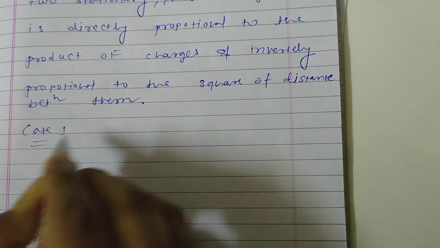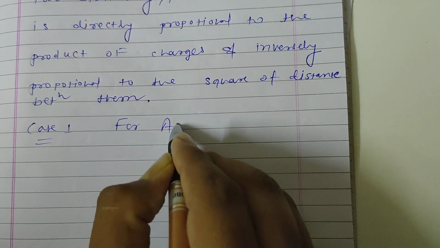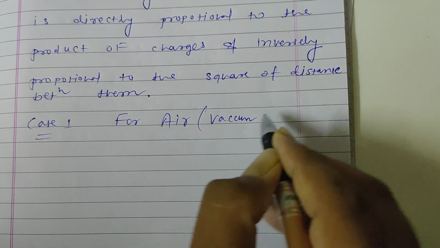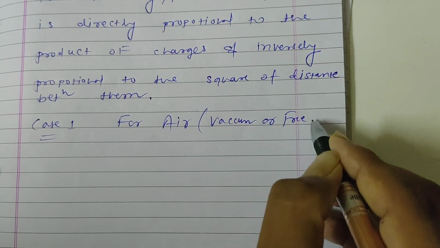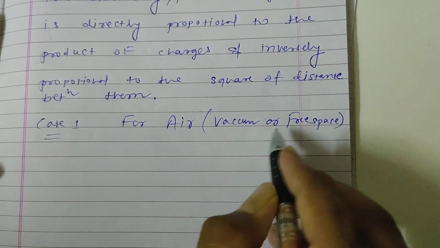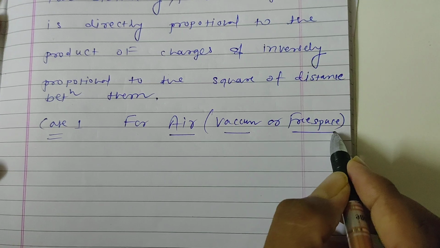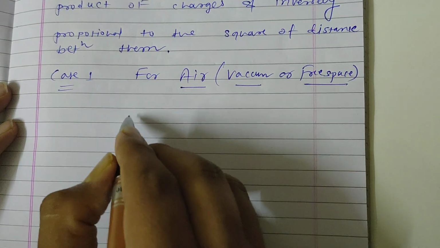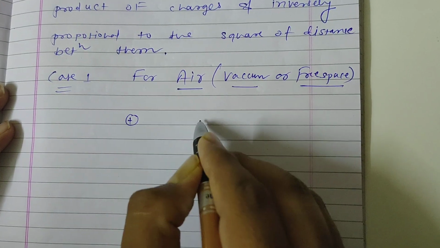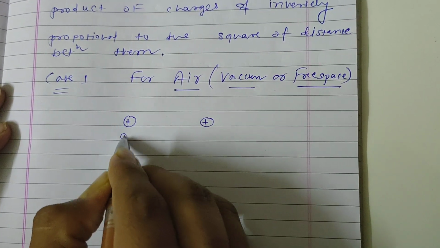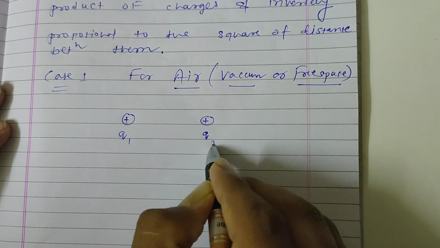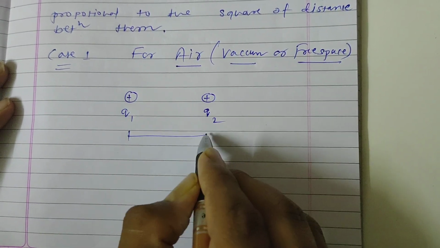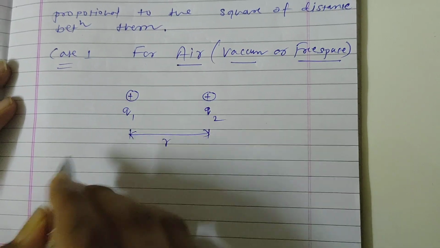Now case 1 for air, which is also equivalent to vacuum or free space medium, because all three mediums' physical properties are the same. We have two stationary point charge particles q1 and q2. The distance between them is small r.